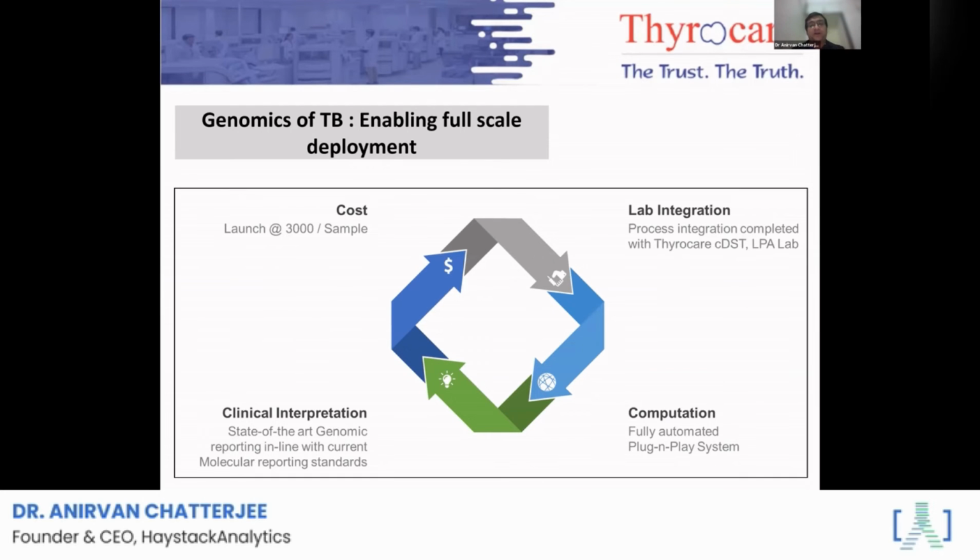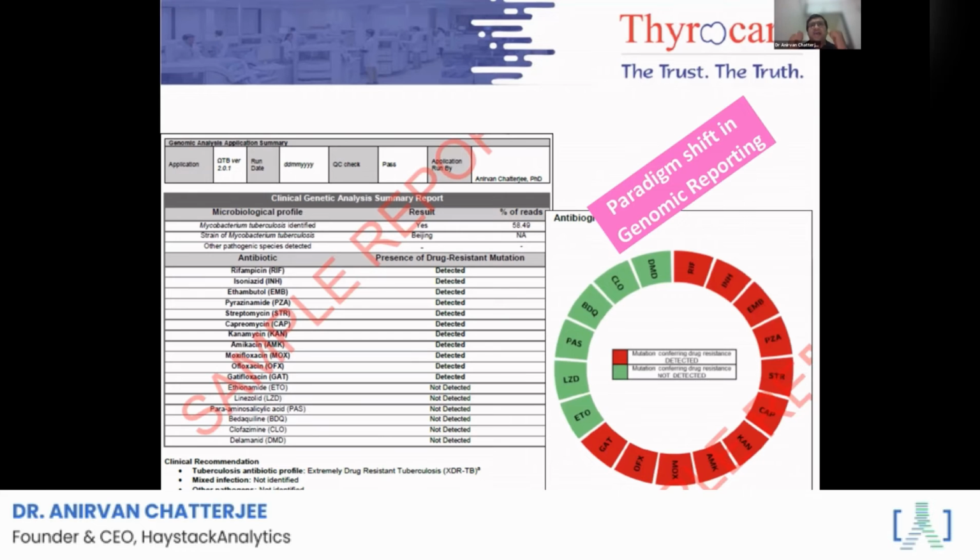The reporting itself, we have worked so hard so that every doctor who has ever used a molecular report knows that when we put out rifampicin mutation not detected, it means that rifampicin will work. For doctors who want an even quicker identification with a large number of TB patients, there's an antibiogram which clearly states that these are the drugs which are in the red and cannot be used for that patient.